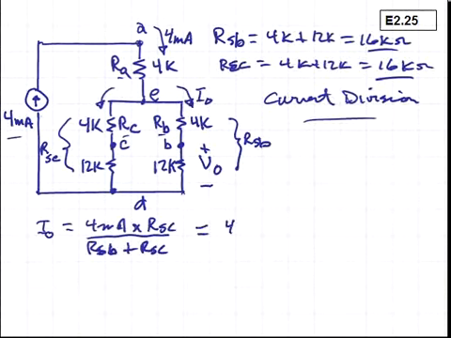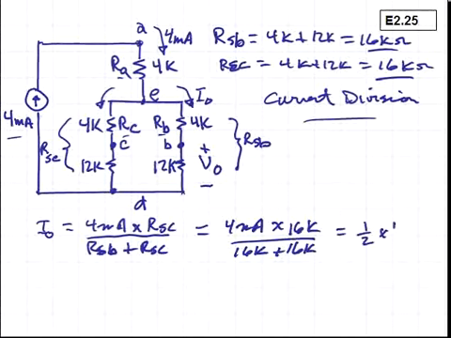That's equal to 4 milliamps times 16K divided by 16K plus 16K. And that's equal to 1/2 times 4 milliamps. Or we have that I sub O is equal to 2 milliamps.